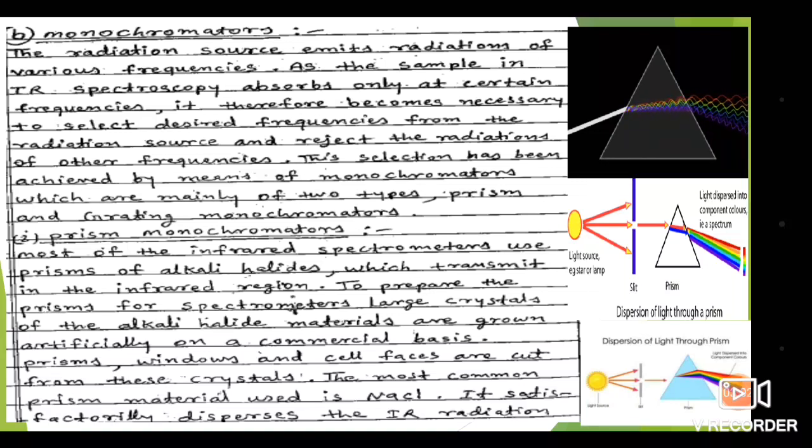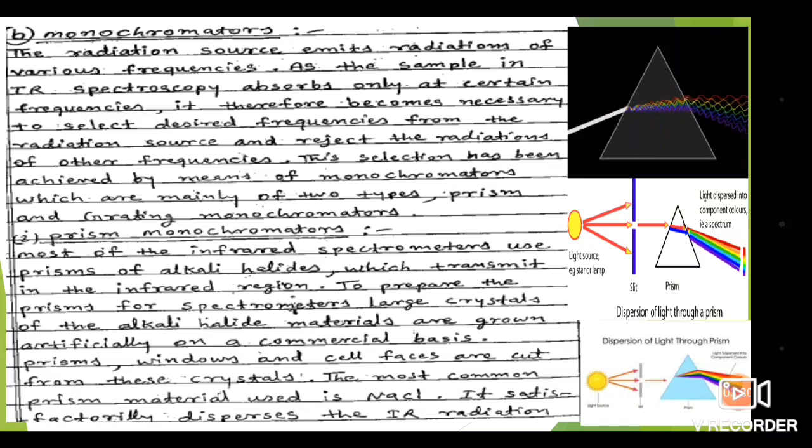The radiation source emits radiation of various frequencies. As the sample in IR spectroscopy absorbs only at a certain frequency, it therefore becomes necessary to select the desired frequency from the radiation source and reject the radiations of other frequencies.